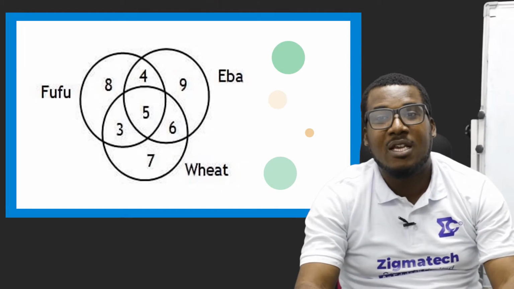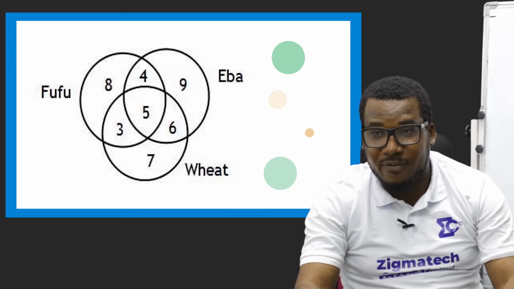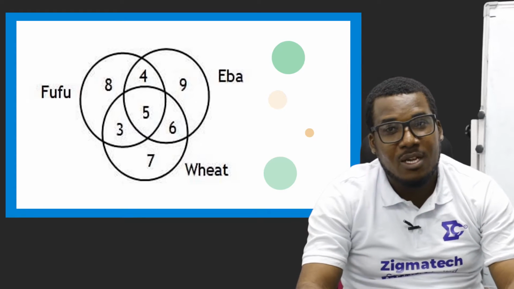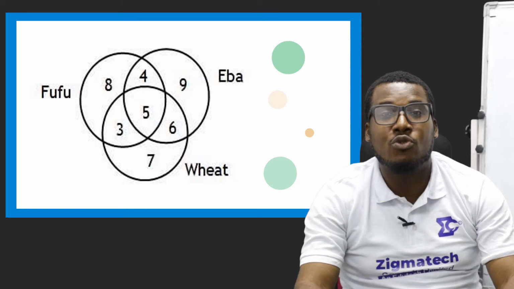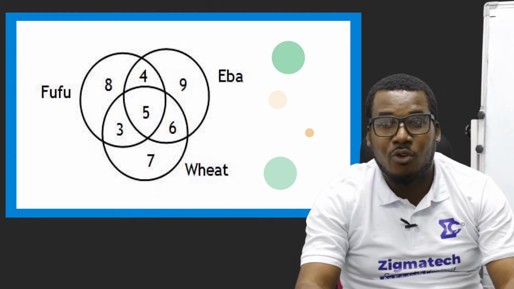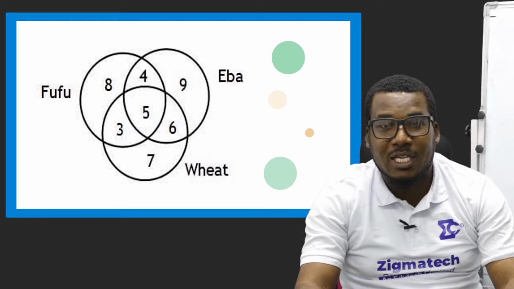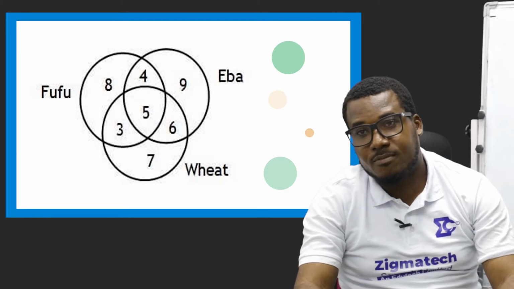For example, whenever you see the places where the 8, the 7, and the 9 are situated, that's the place of only. In this case, when they ask you fufu only, you position your mind to 8, because that's the place that you have only fufu. 9 is for the eba only. 7 is for wheat only.